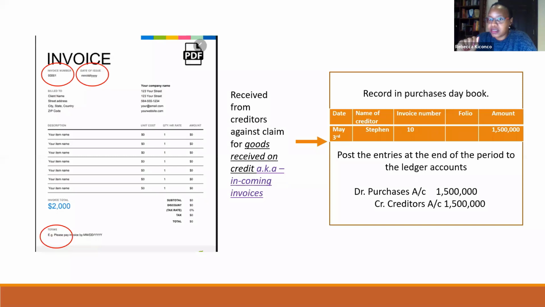The format you can see on the screen. You have a date, you have the name of the creditor, you have the invoice number, the folio, and the amount.